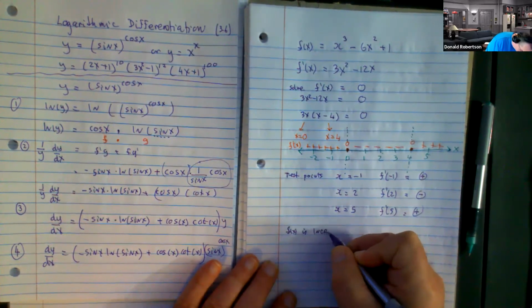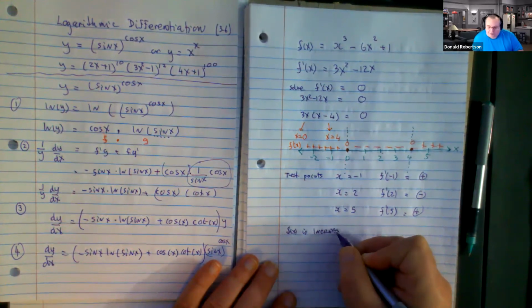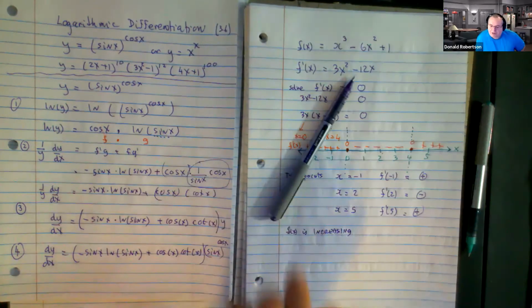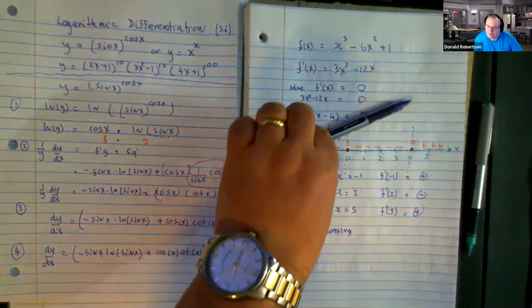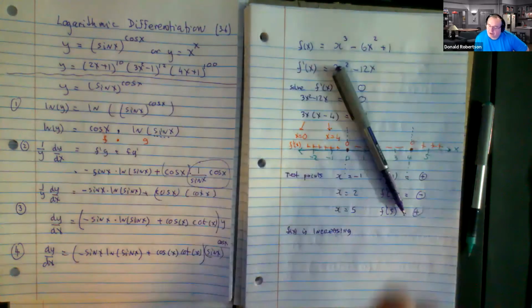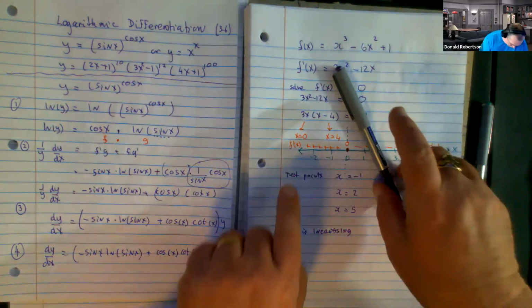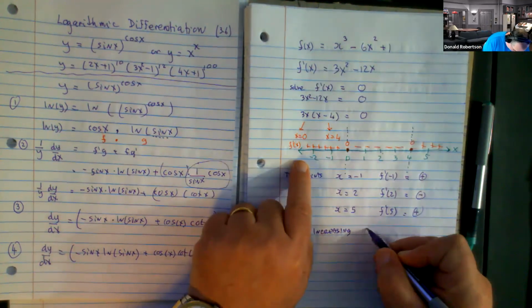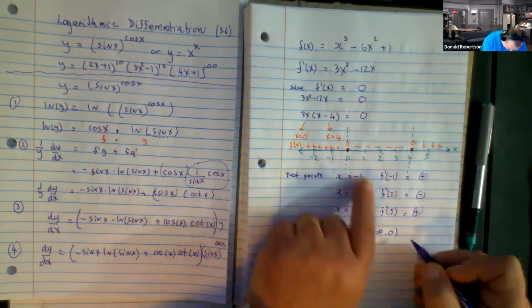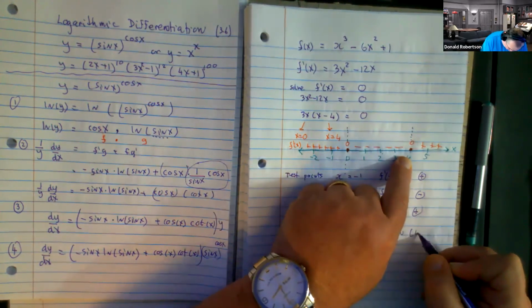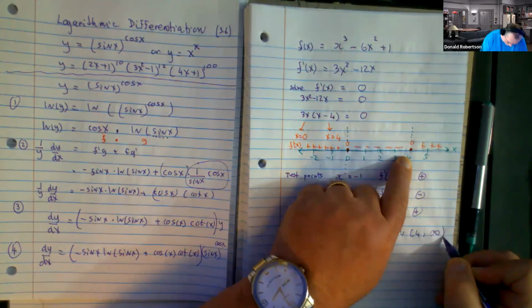Well, it's increasing when the derivative is positive, because positive derivatives mean the slope's pointing up the way, right? That's what increasing looks like. Negative derivatives mean that the slope is pointing down the way. So it's positive for any value of x up to, but not including x equals 0. And then from x equals 4 to infinity.